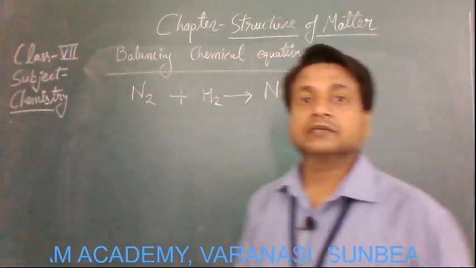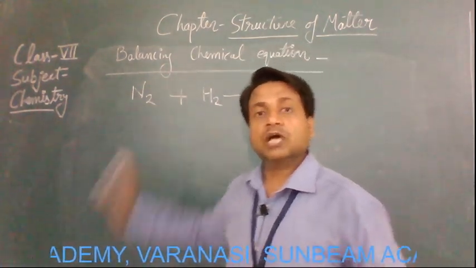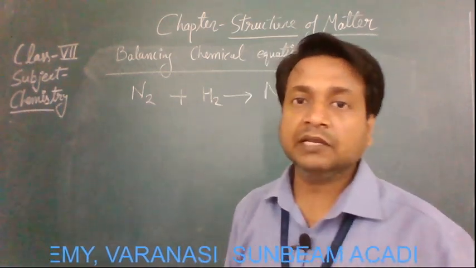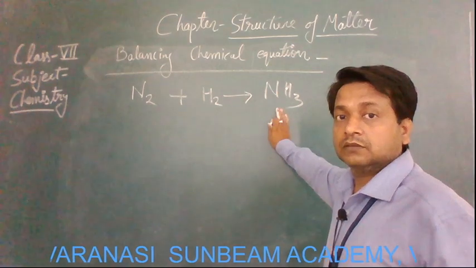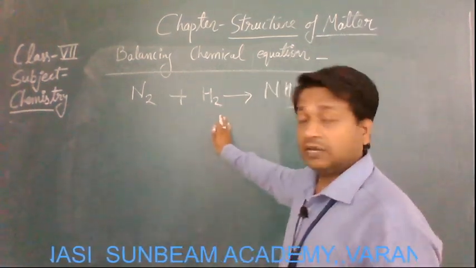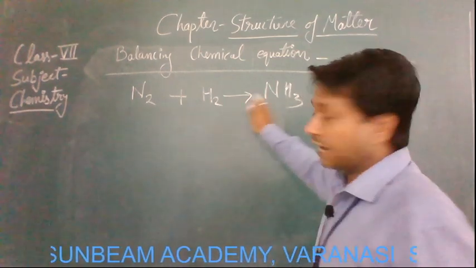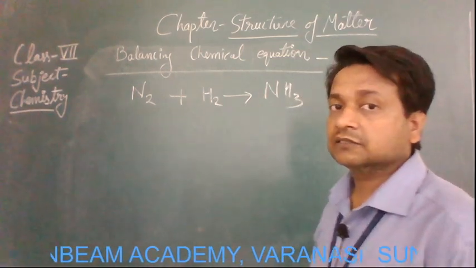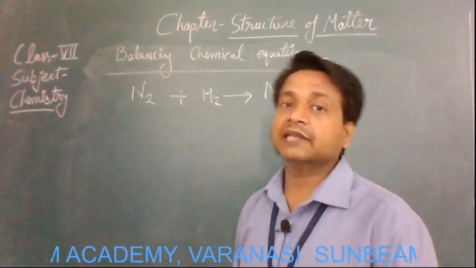As we know that nitrogen and hydrogen both combine chemically to form ammonia. But in this chemical equation, if we count the number of atoms of these different elements, we will find that it's not balanced.